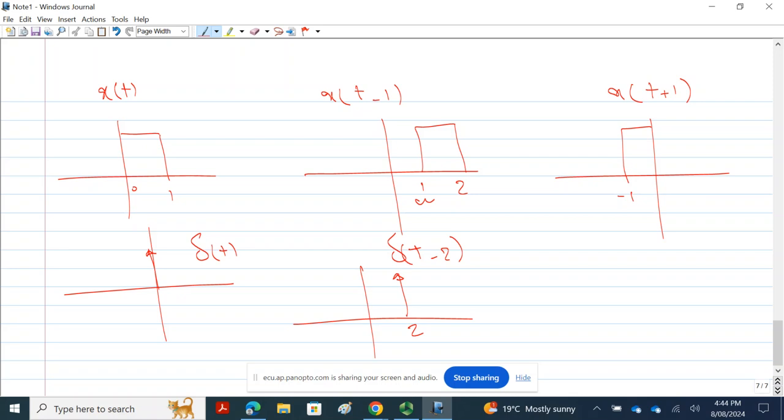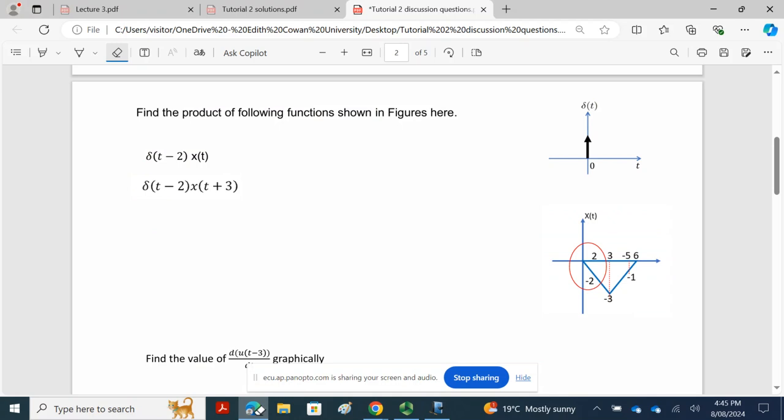Okay, what was the value of delta? 1, that's correct. So that's why it's used for sampling. Because put it somewhere, it gives you the value. Because it gets multiplied by the value, and because its own value is 1, it gives the value at that point. So if I have this delta, and if I put x(t) in front of it, what does it give me?